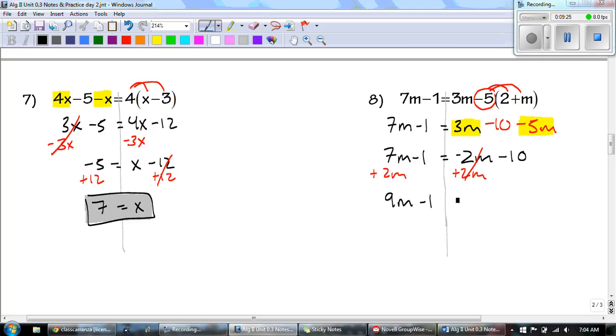We get 9m minus 1 equaling negative 10. Add the 1 to both sides. I get 9m equals negative 9. And then dividing both sides by 9, we get m equals negative 1.